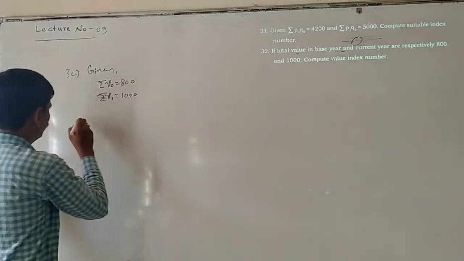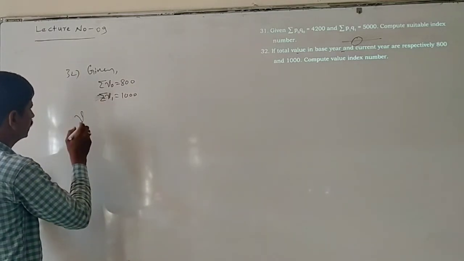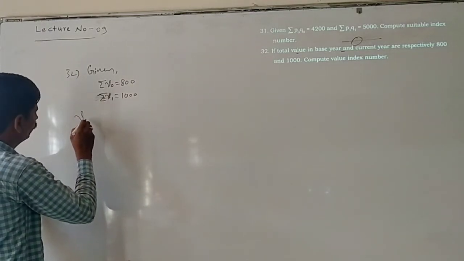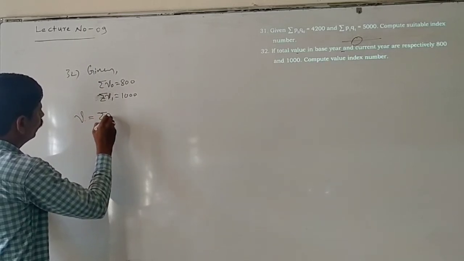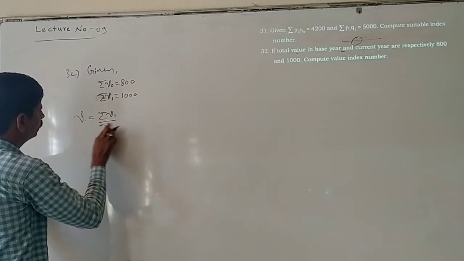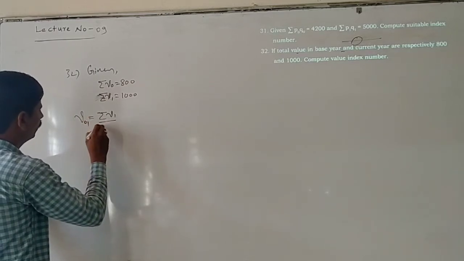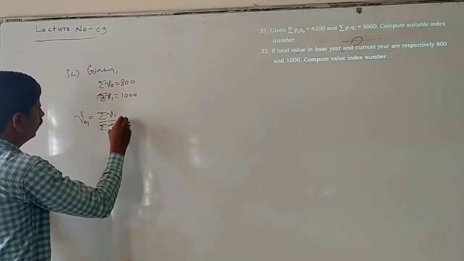We have to find the value index number. V01 equal to sum of V1 by sum of V0 into 100.